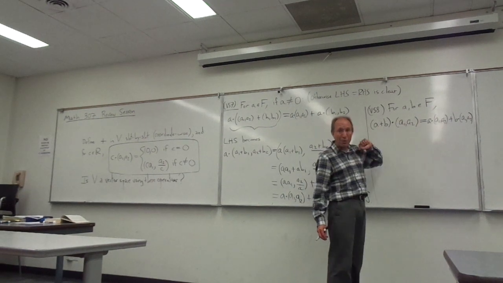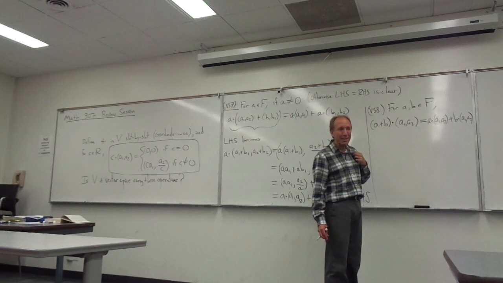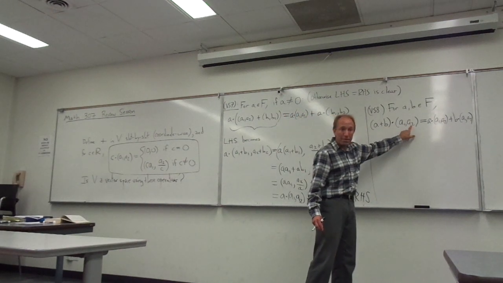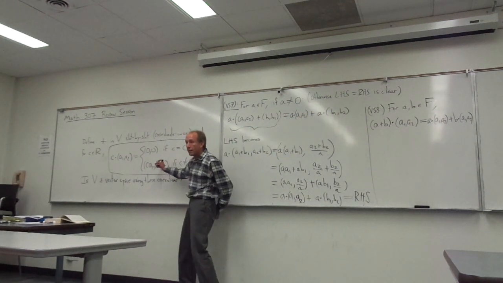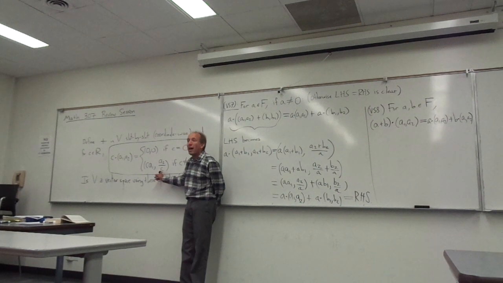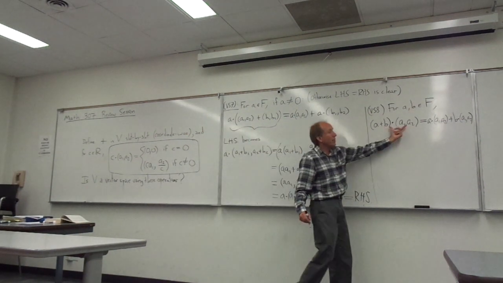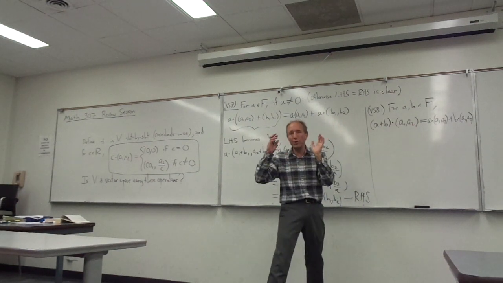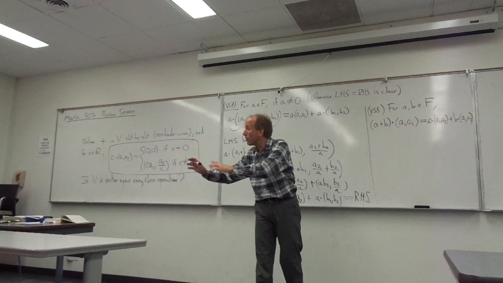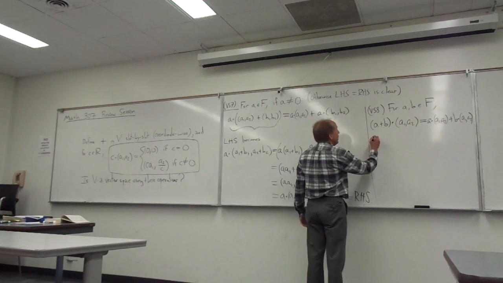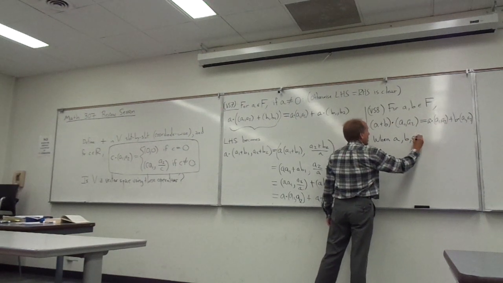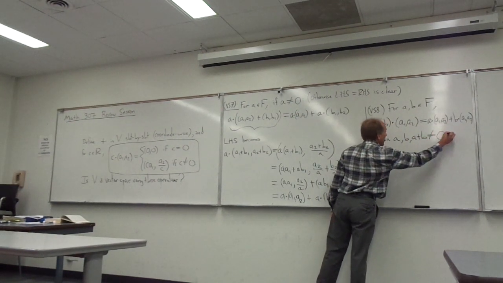And you can see what the problem is going to be. This isn't going to work, because in the second slot you have to divide by the scalar. Let's assume that a is not 0, b is not 0, and a + b is not 0.